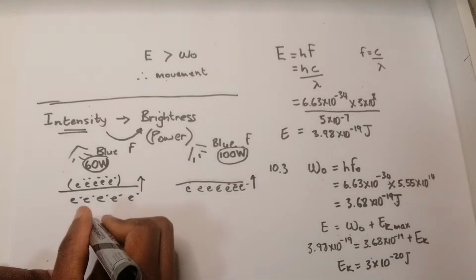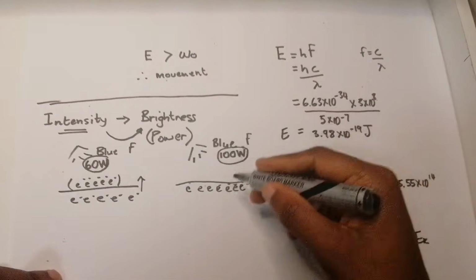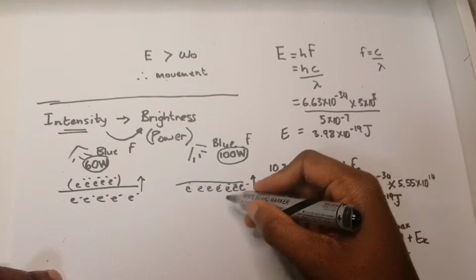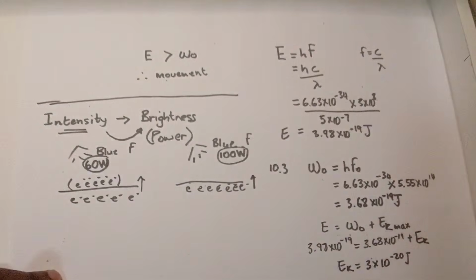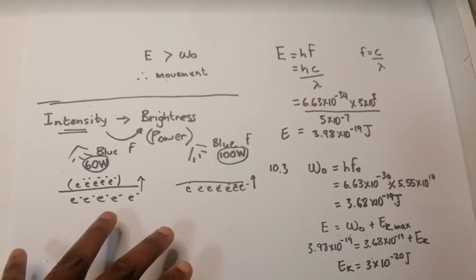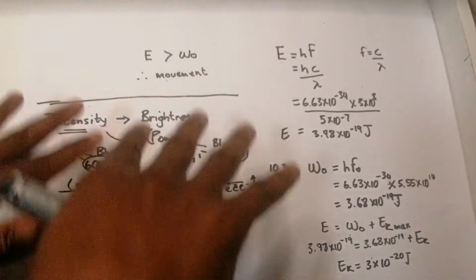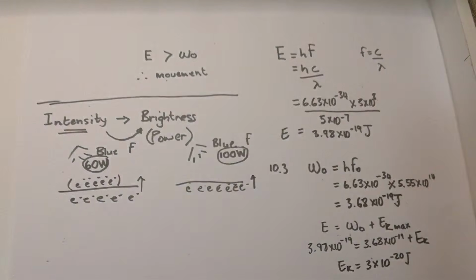So if I was emitting 5 electrons per second, just for argument's sake, now I'm able to emit 10 electrons per second. All right? So electrons are still moving with the same kinetic energy, but instead of emitting 5 at a time, now because I've got greater power, I'm emitting 10 at a time.